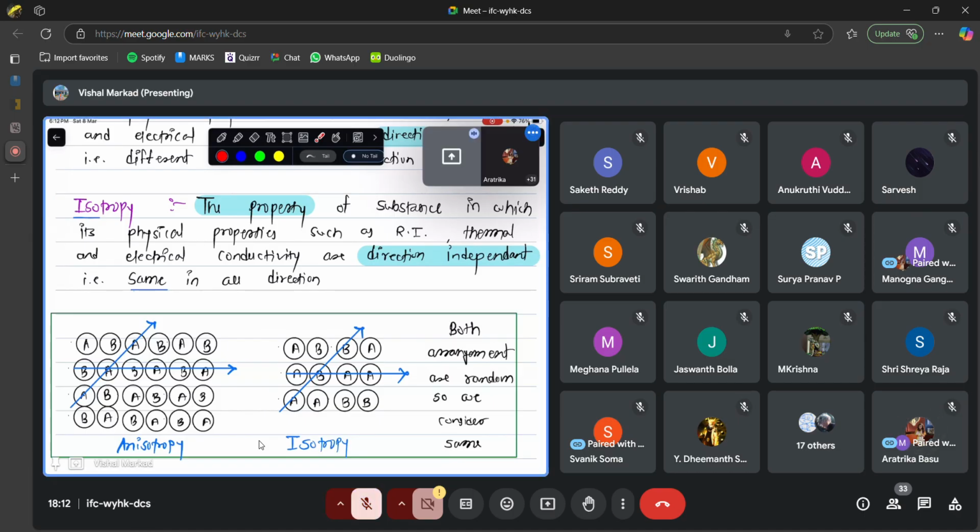Now look at it. If I go here, first I get A, then I get B, then I get A. Now what is expected? I should get B. Then only I can say that for the entire direction the property is the same. But here first I am getting A, then B, again A and A. So for this direction, will the property remain the same? No, sir.